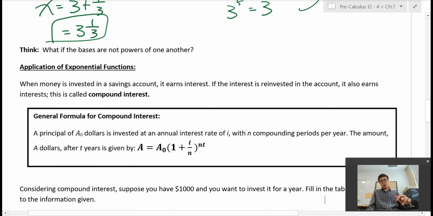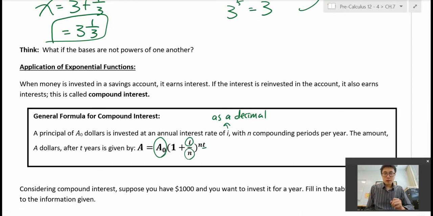Again, that's the initial amount, that's the interest rate as a decimal, not a percentage. n is the number of compounding periods per year, and I'll show you what that means in a second. t is simply the time in years.